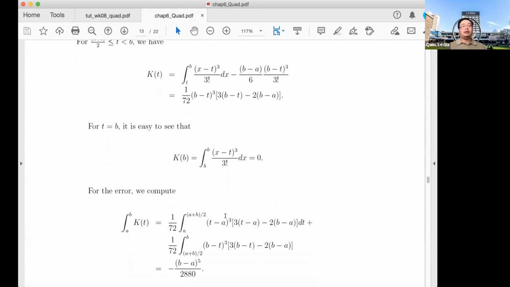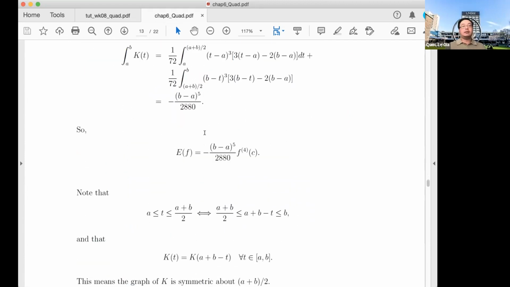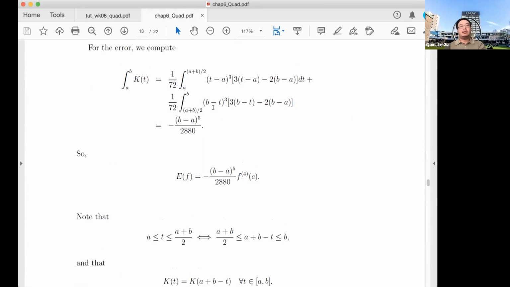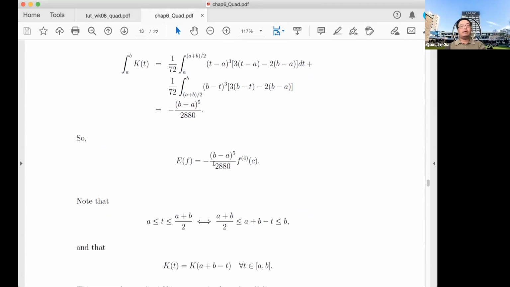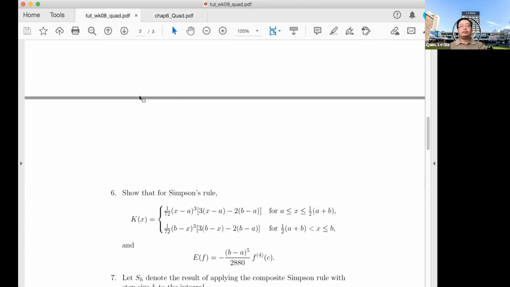Then in the end, you can get the error. The error is just the integral of K(t), and again, this is a lengthy integral, but it's not very hard, and at the end of the day it will be of this form. So we are not going to repeat it in the tutorial.